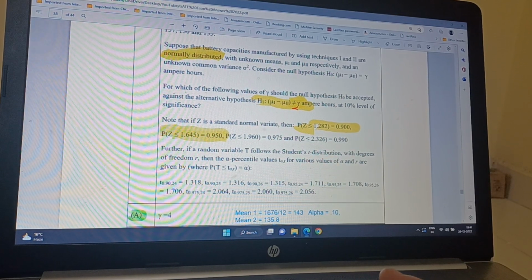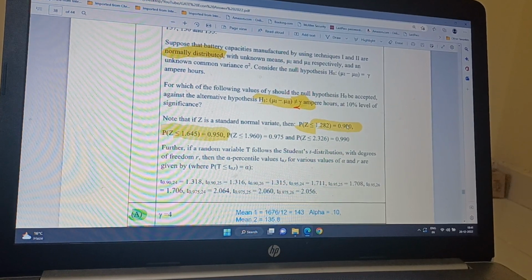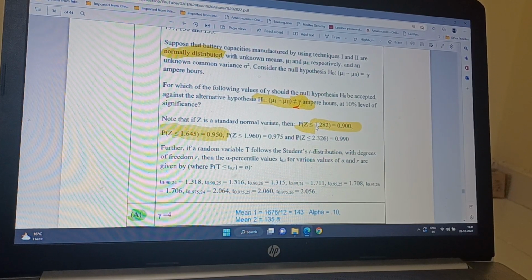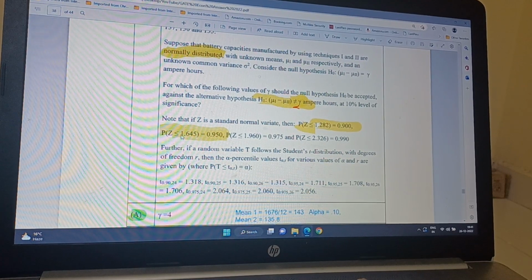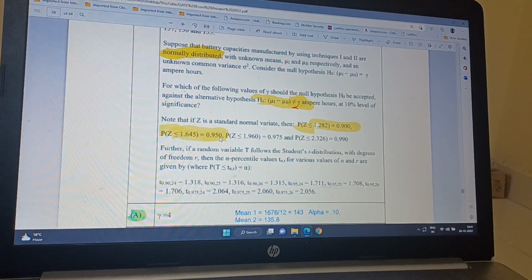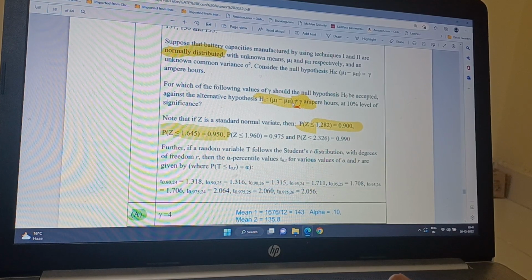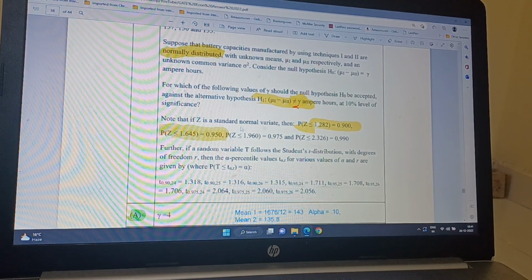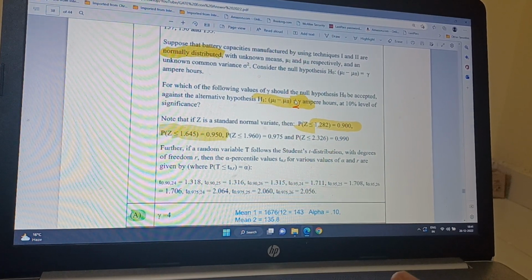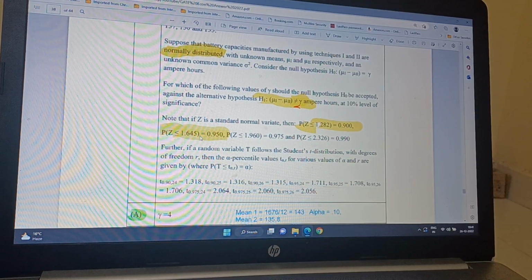P(Z is less than 1.282) for 90% confidence level, means alpha here is 10% for one tail test. And P(Z is less than or equal to 1.645) is equal to 0.950. And the question here asks mu1 minus mu2 is not equal to gamma. Here you see it is less than and here it is not equal to. So we should be using this value of Z to be correct.